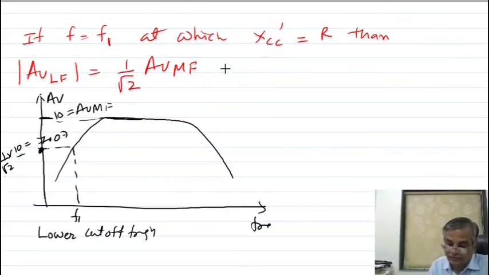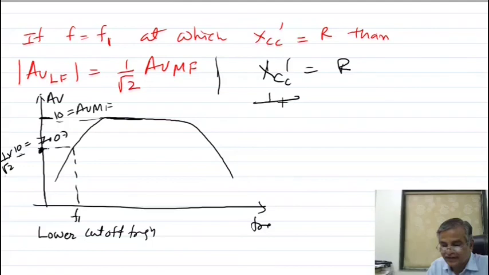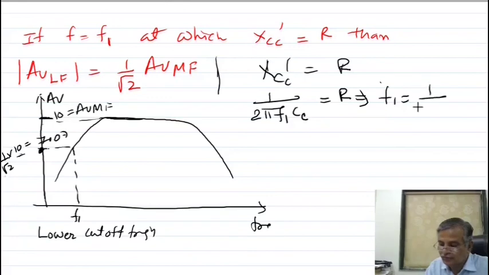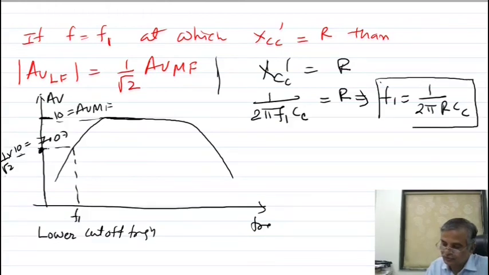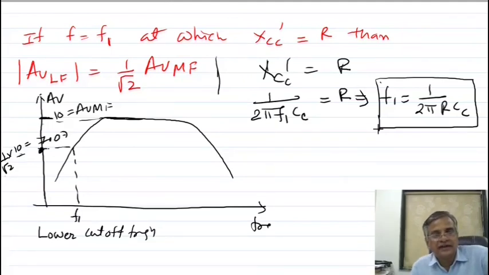So remember, when XCC dash is equal to R, then gain of the amplifier is 1 by root 2 times gain of the amplifier at mid frequency.